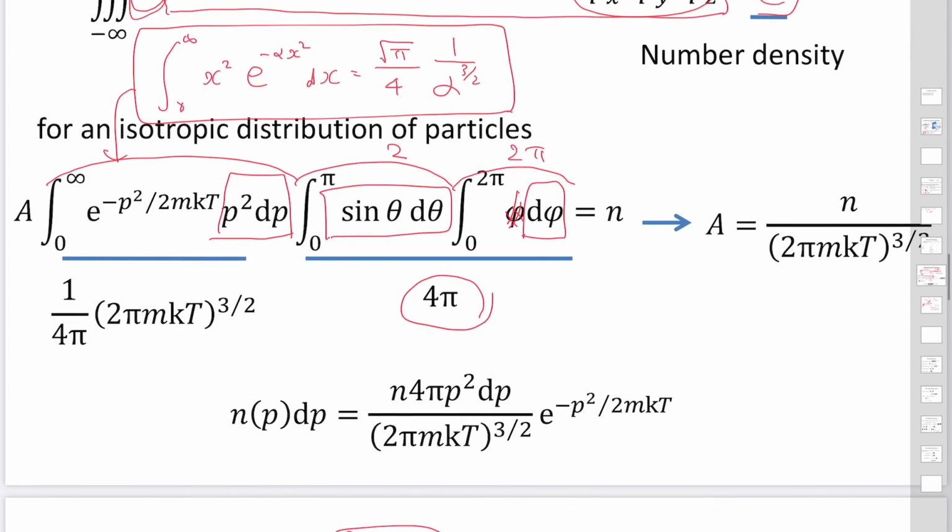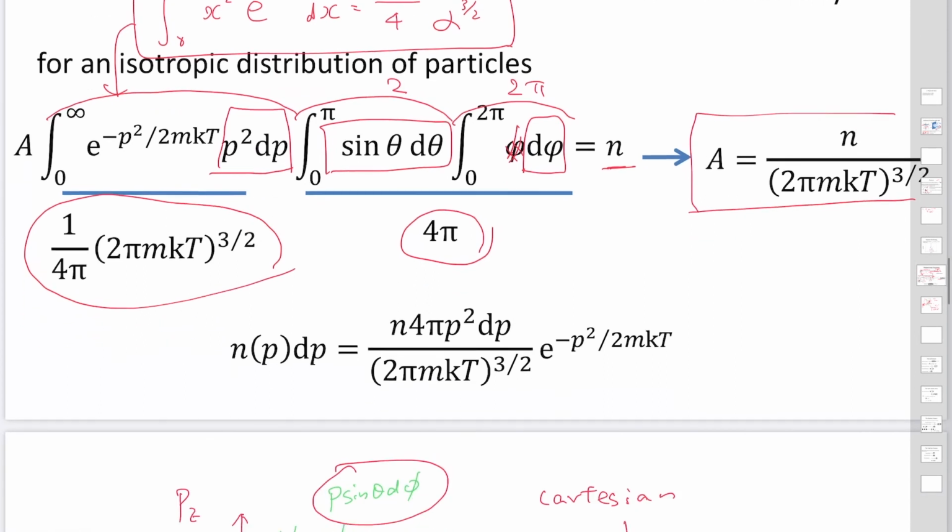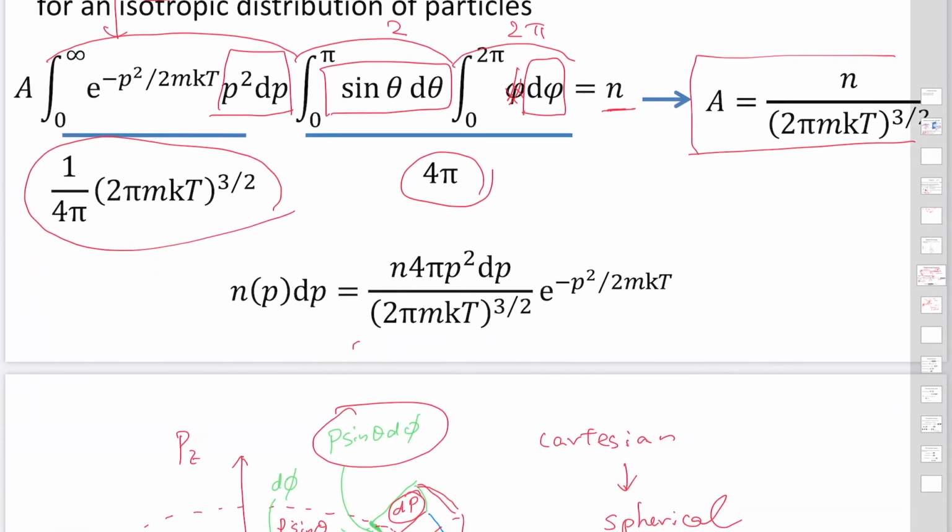Then you can perform these integrals. It becomes 1 over 4 pi times (2 pi mkT) to the power 3/2. So this is equal to S. Then capital A is going to be expressed by this equation. So the distribution function is actually expressed in this form.